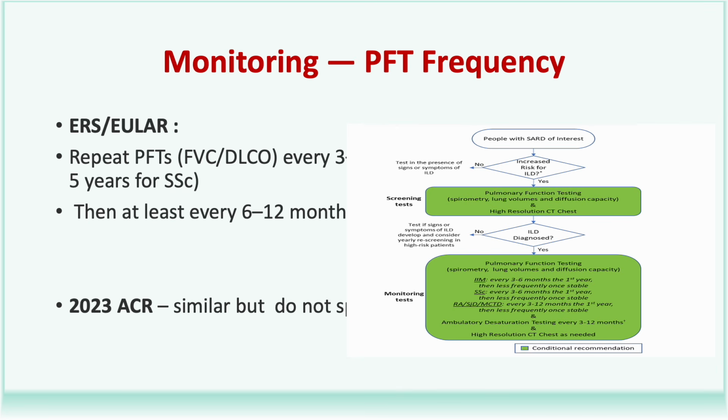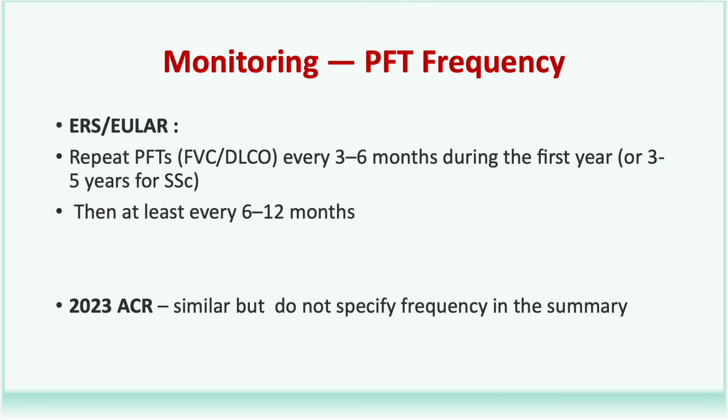Then you will do it less frequently once the patient is stable. For SSc, you would monitor every 3 to 6 months for the first year, then do it less frequently, and for the others again. So there was no clear cut demarcation, but the ERS guideline has made this more robust.